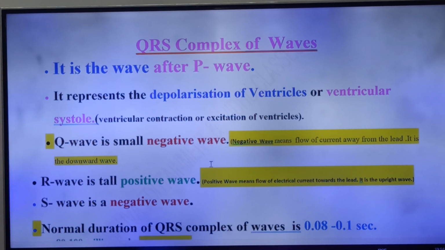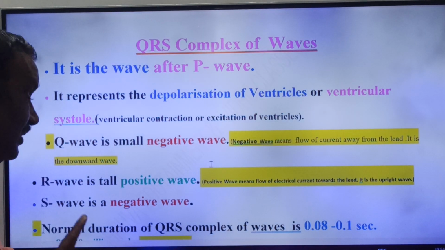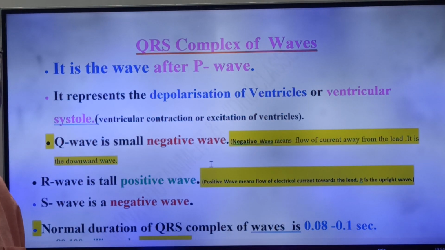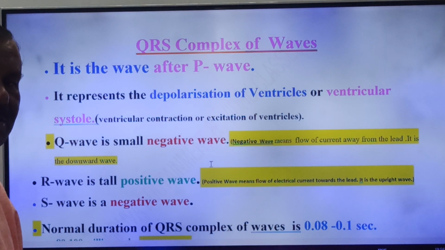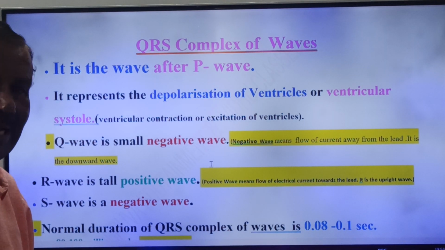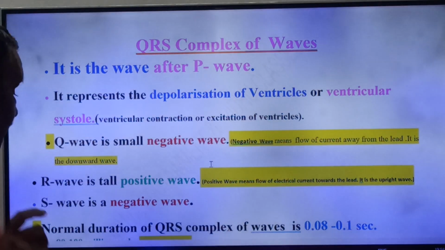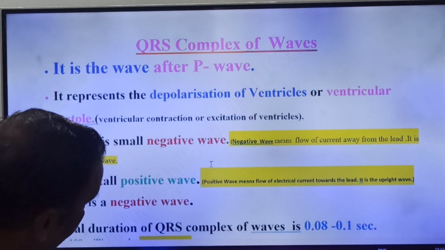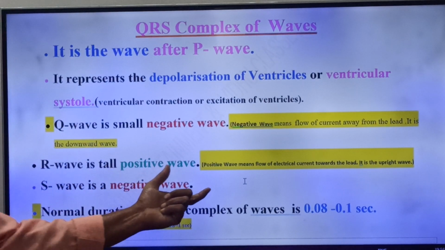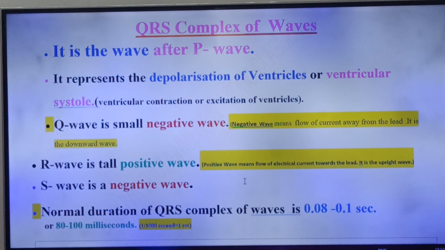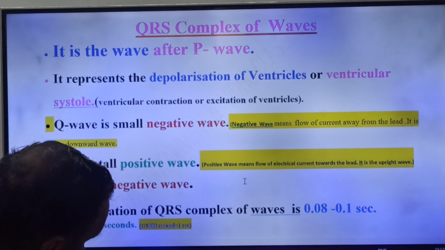Out of these three waves, only R is the positive wave; Q and S are negative waves. What is the normal duration of the QRS complex waves? It is 0.08 to 0.1 seconds, friends.